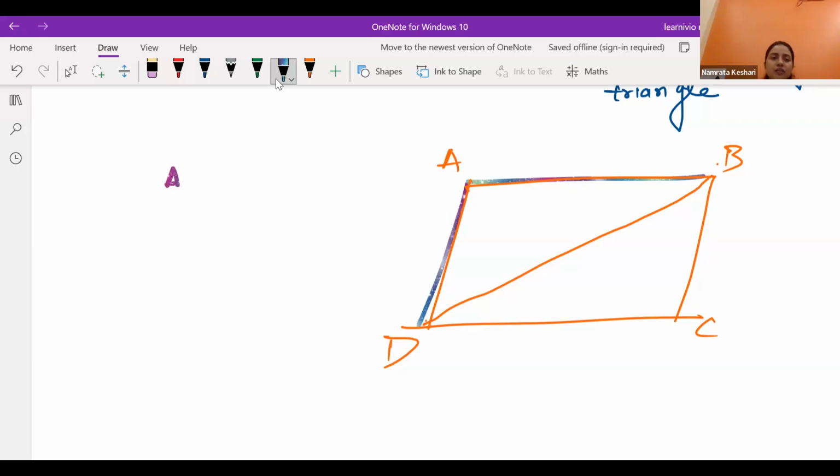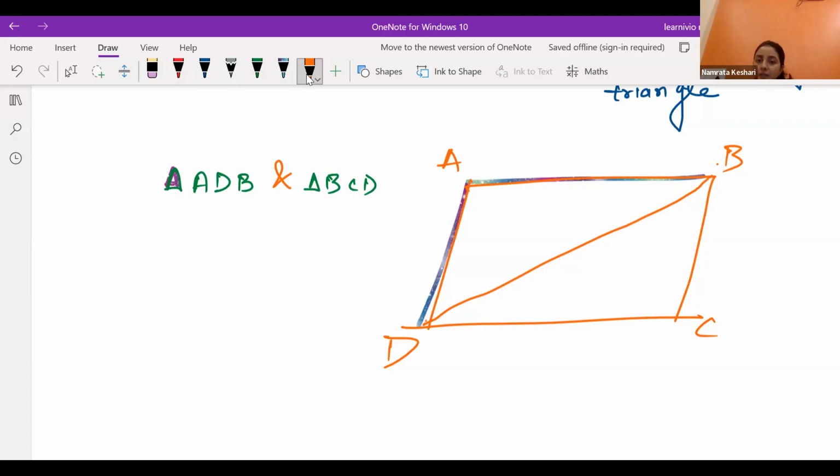We have to show that this diagonal is dividing this parallelogram into same triangles. So we have to show that this triangle ADB is congruent with triangle BCD, and that's why I was telling you, okay, on day one, that if you are not clear with congruency, then each and every question we will be talking about congruency only over here. So think about it.